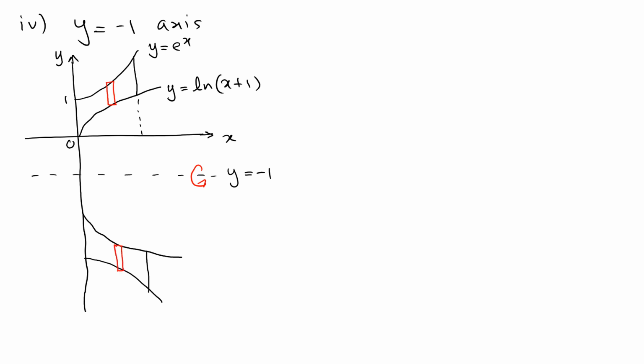Then we're going to find the two radii. The thickness is dx, so we need to find everything in terms of x. You can see that this length is 1. So the small radius would be the height of the bottom one plus 1, so y bottom plus 1, which means 1 plus (ln x plus 1).